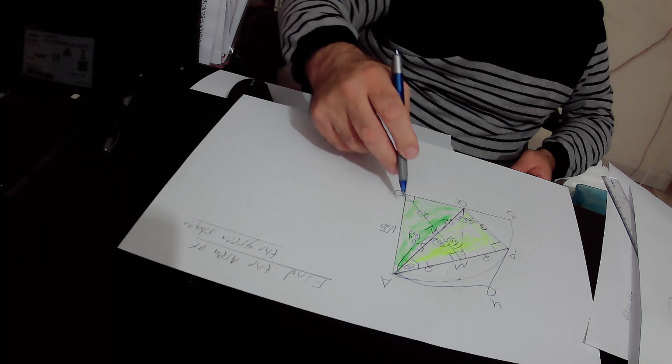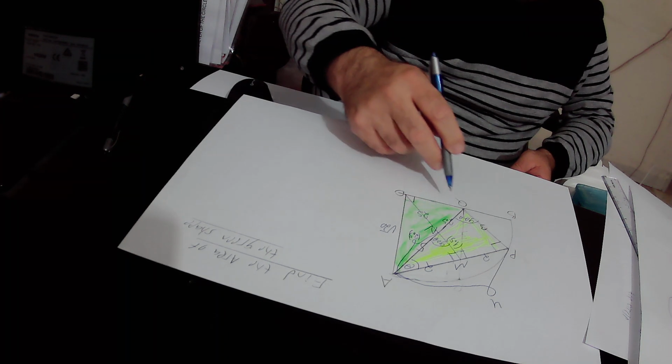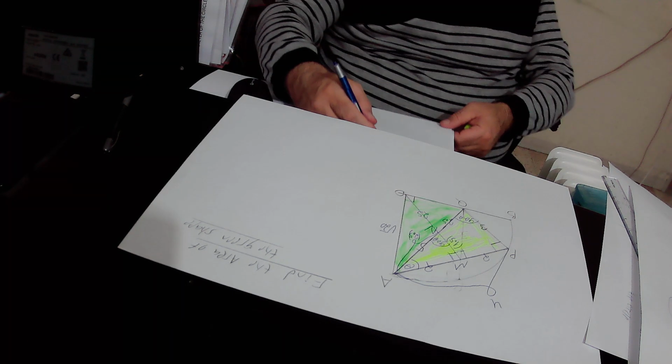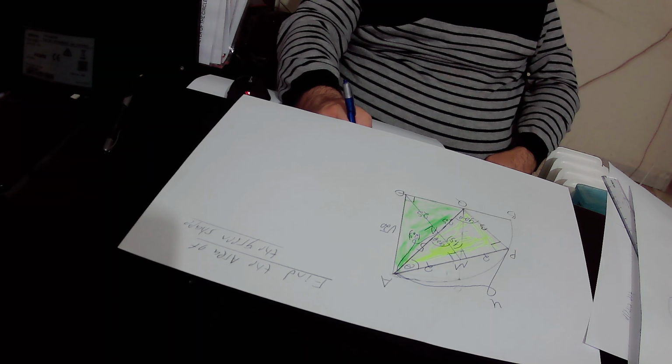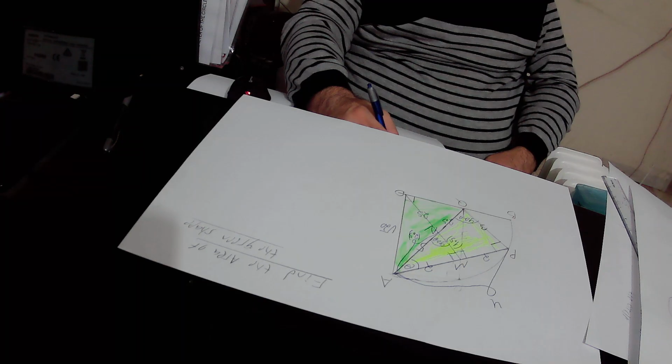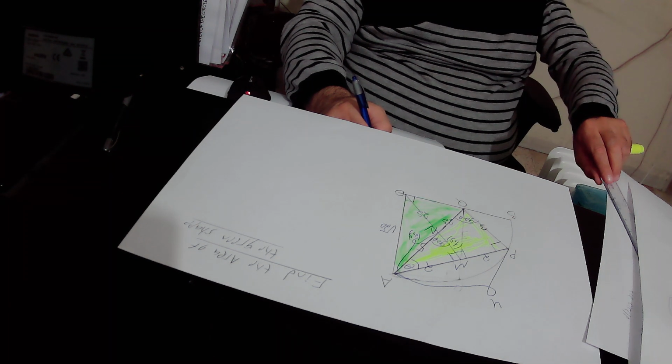That is the triangle whose area we are looking for. Okay, so copy the right green triangle AQO. New page.